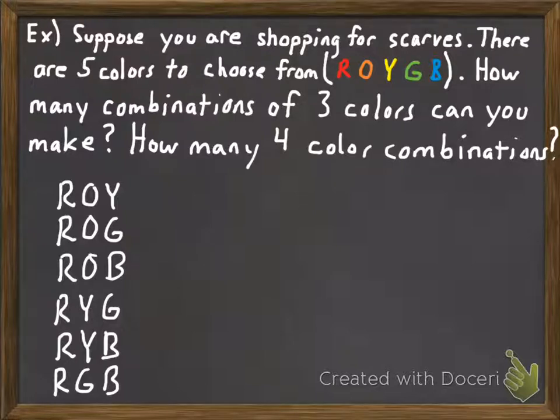Now let's make the ones that do not include red. Orange, yellow, and green would be the next logical choice. Then let's leave out the green and go with blue instead. Orange, yellow, and blue will work. There are no other 3-color combinations that would exclude red and include orange and yellow. So let's make another one with orange. How about orange, green, and blue?